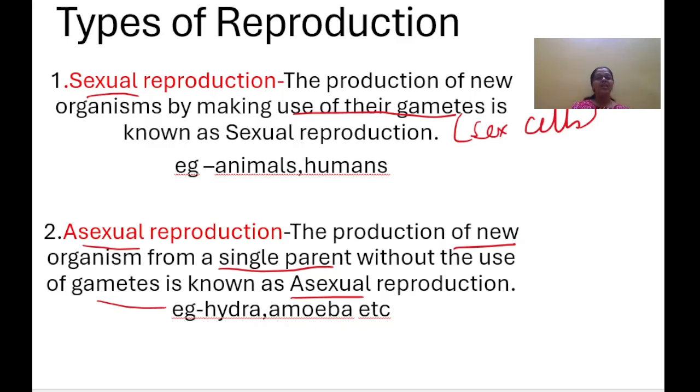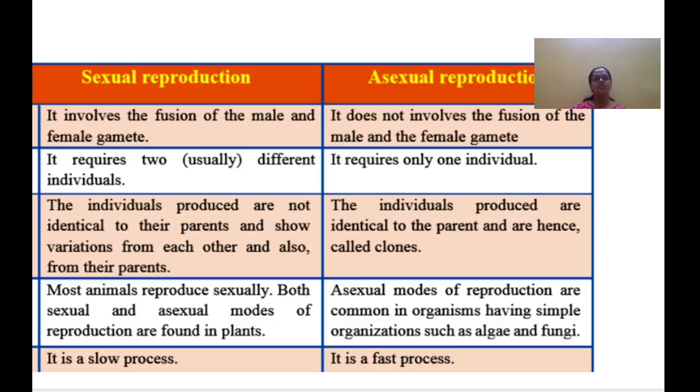Now, the frequently asked question in board exams is the difference between sexual and asexual reproduction. So, what are the differences? Sexual reproduction involves the fusion of male gamete and female gamete, while asexual reproduction does not involve the fusion of male and female gamete. In sexual reproduction, two parents are involved.